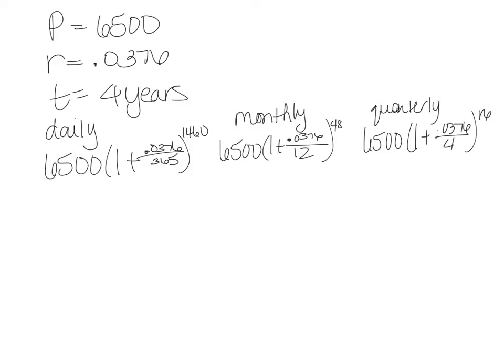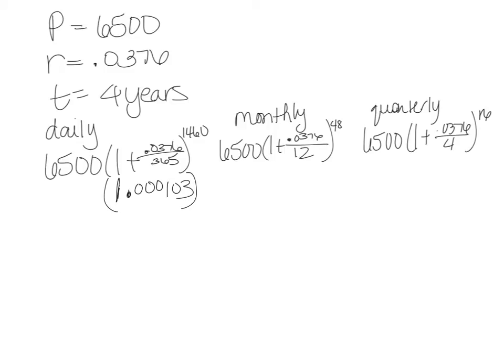I'm going to plug it in a little bit at a time. So 0.0376 divided by 365 is 0.000103, plus the 1 is 1.000103.